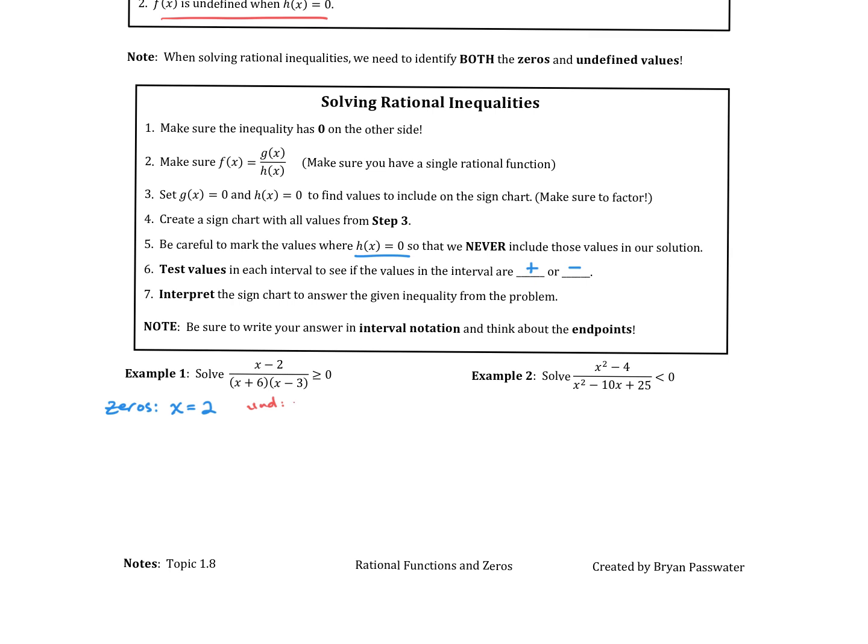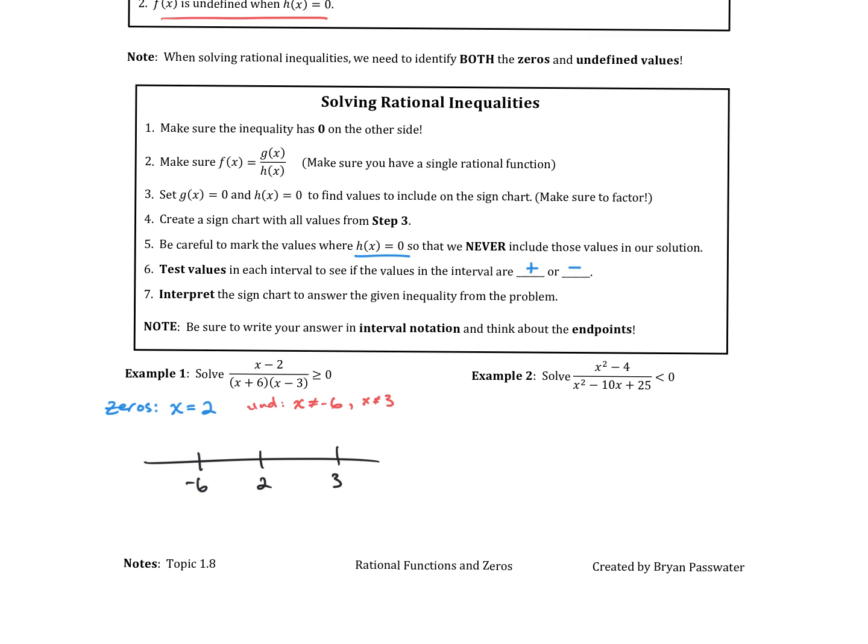When my denominator is equal to 0, at -6 and 3. I like to say x cannot equal -6 and x cannot equal 3, because that explains that we can't divide by 0. Now we make our number line, our sign chart, and I'd test -6, 2, and 3.